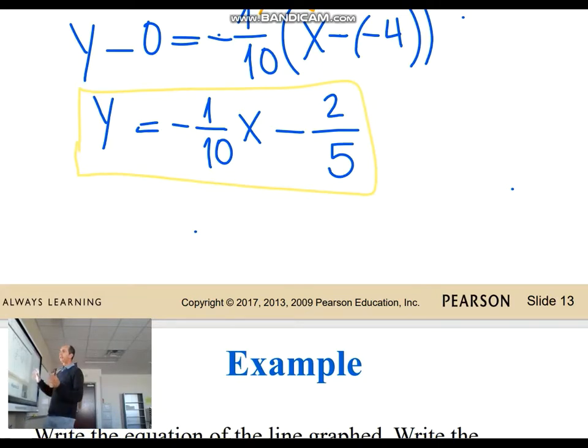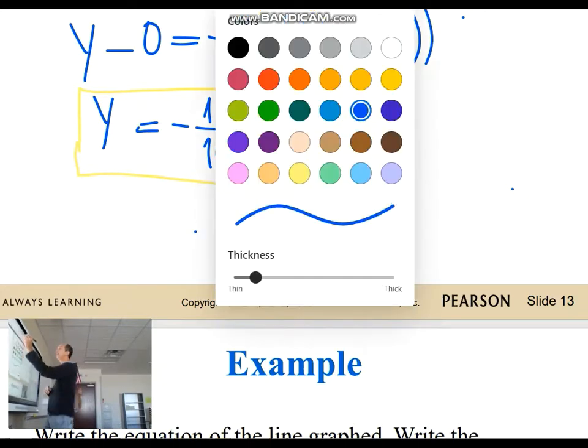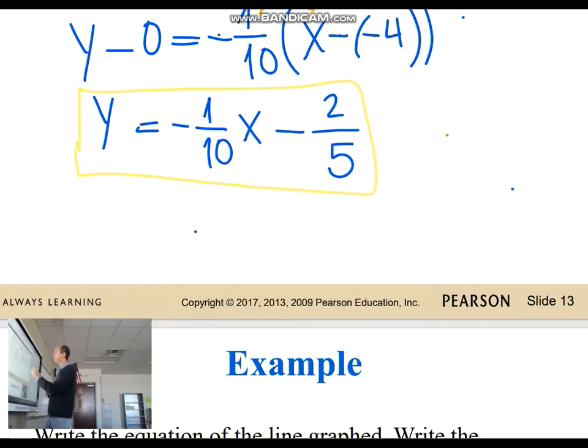Another way is answering using the standard form. We can rearrange, we can also simplify and get rid of the fractions. We can multiply both sides of this equation here by 10.